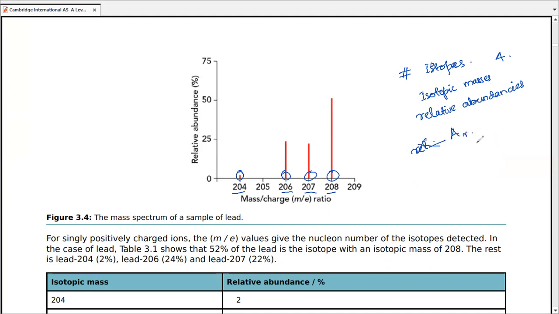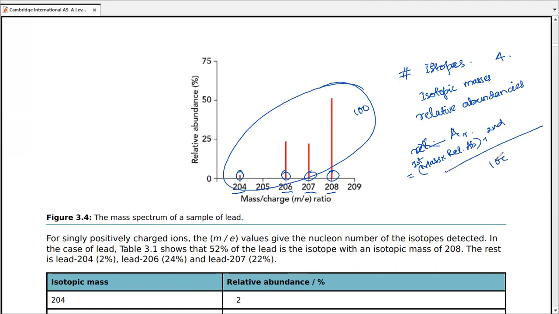Also, this is going to further help you with the relative atomic mass, or I shouldn't be writing this short form, Ar. Now, in the case of Ar, you have the formula: you take the mass of the isotope and multiply it with its relative abundance. You do that with the first isotope, then add it to the second one, then add it to the third one. If this total comes out to be 100, you divide it by 100.